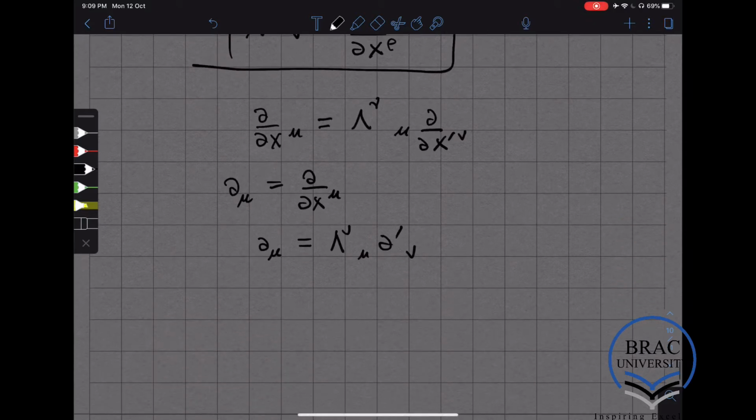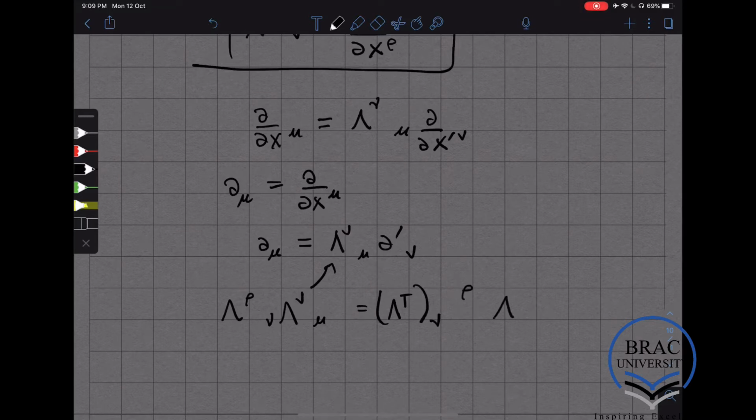But of course, we know what the inverse of this matrix is. If you have nu and mu, and we multiply this by nu and rho, then what is this? The first thing is the transpose matrix with nu and rho, and this is nu and mu.